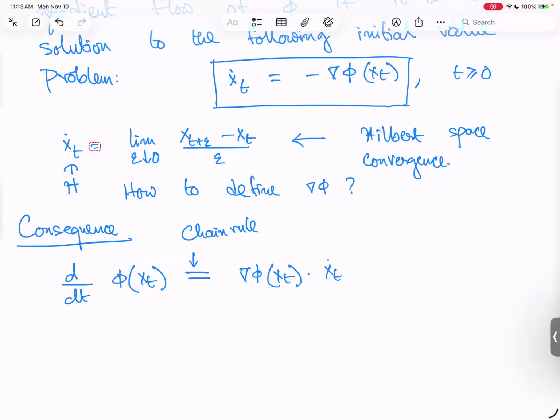By the way, this dot means the Hilbert space inner product. And then by definition, this is equal to gradient of phi of x_t times minus gradient of phi of x_t, which is minus the norm squared of gradient of phi of x_t.